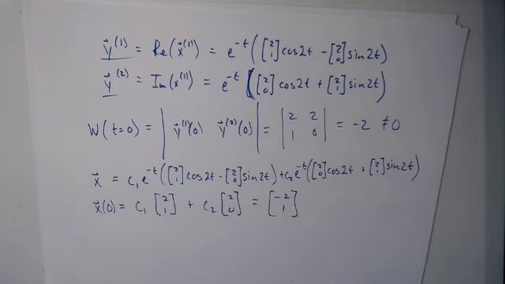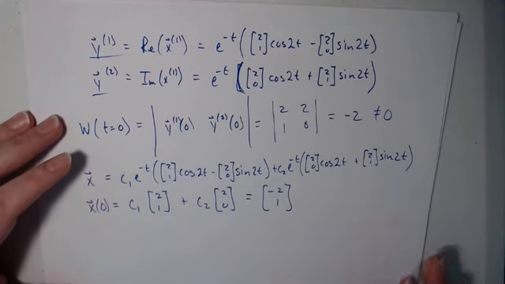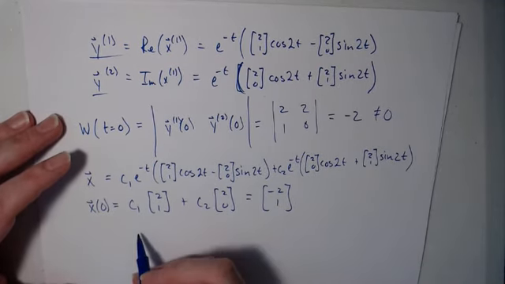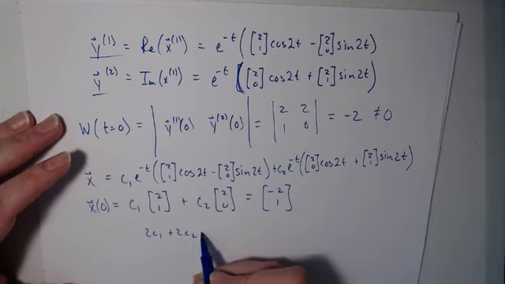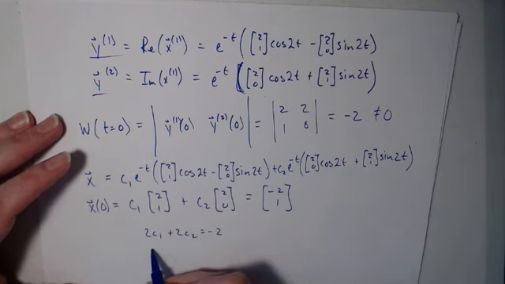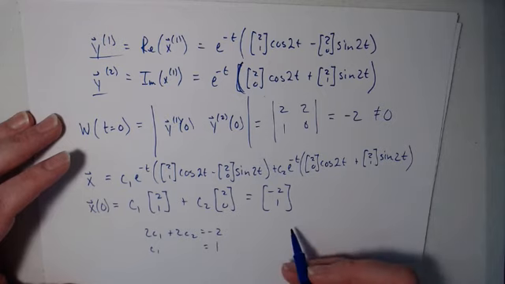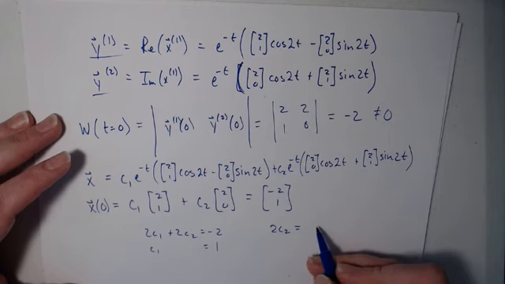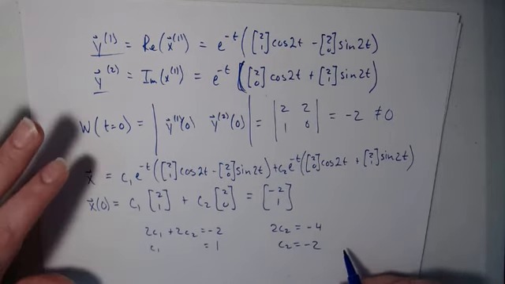We can solve that any way you want, but I think the easiest way is to just write the system. So that's 2c1 plus 2c2 equals -2, and c1 plus 0c2 equals 1. So c1 equals 1, plug that in, we get 2c2 equals -4, so c2 is equal to -2.